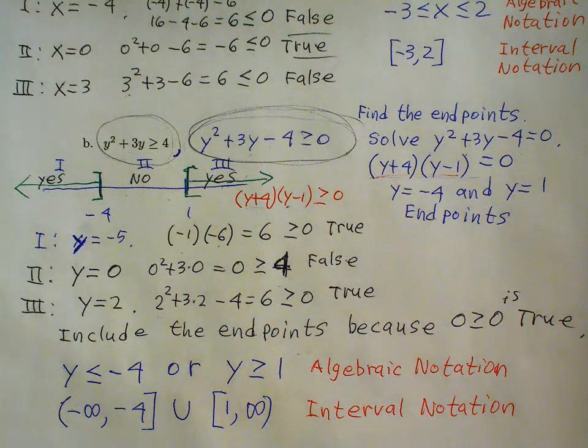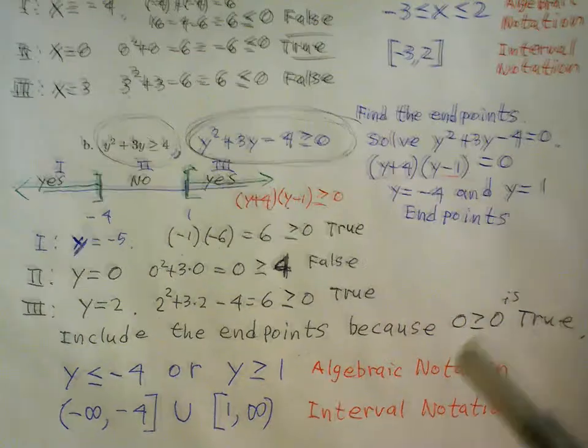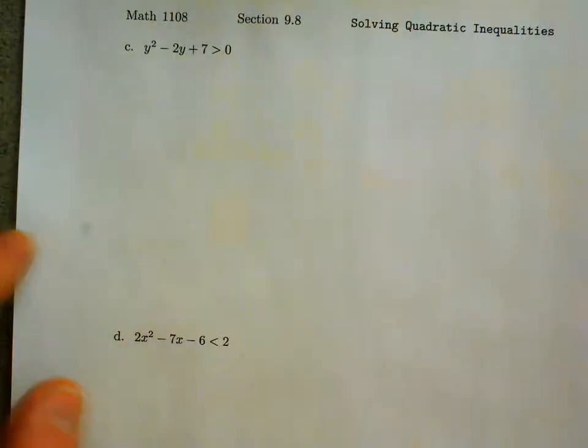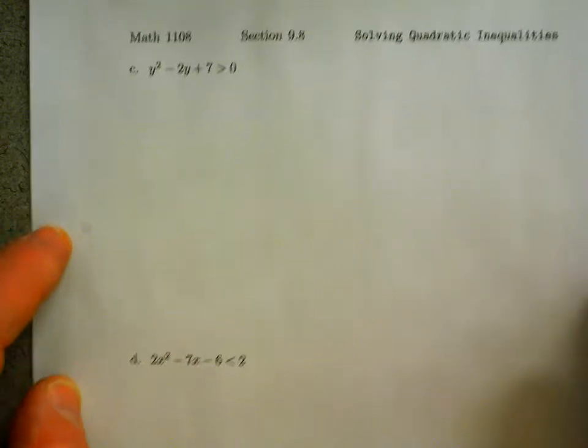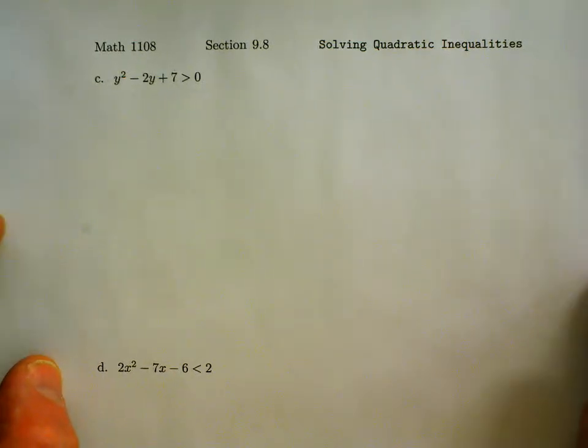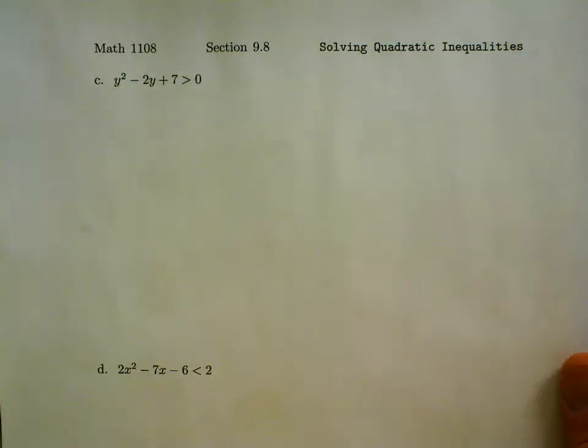Okay, the next example is a little bit more involved, but the concepts are the same. Okay, solve this quadratic inequality. y squared minus 2y plus 7 is greater than 0.